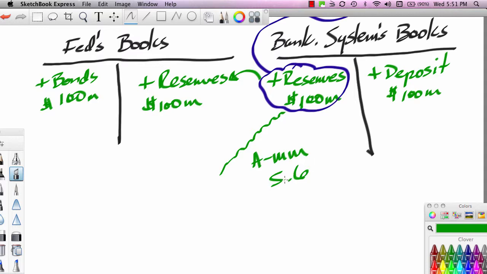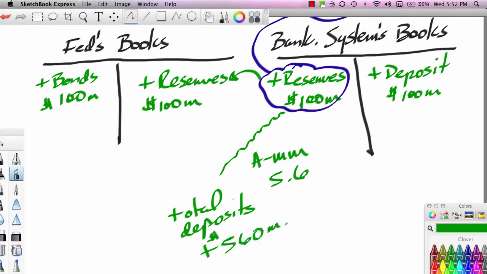Well, if the multiplier is 5.6, then what is total deposits in the banking system going to go up by? Total deposits in the banking system could go up by as much as $560 million. So effectively what the Fed did is it pumped reserves into the banking system that did not previously exist, and then it trusts that banks, because they're profit-seeking entities, they make profits by making loans, that banks will take these reserves and begin to make loans, and guess what happens?